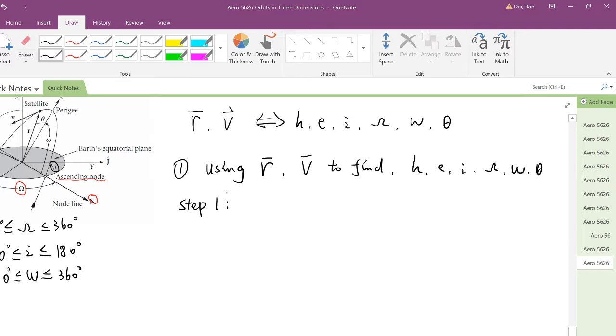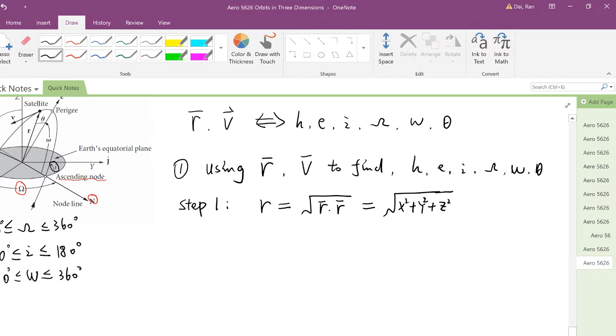Step 1, we will first calculate the magnitude of R, which is also equivalent to x squared plus y squared plus z squared, and square root. Since in the geocentric frame we all use capital letters, I will change the y into capital letters.